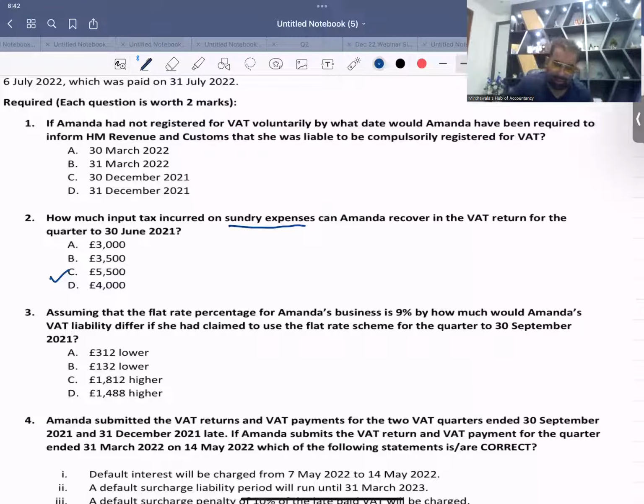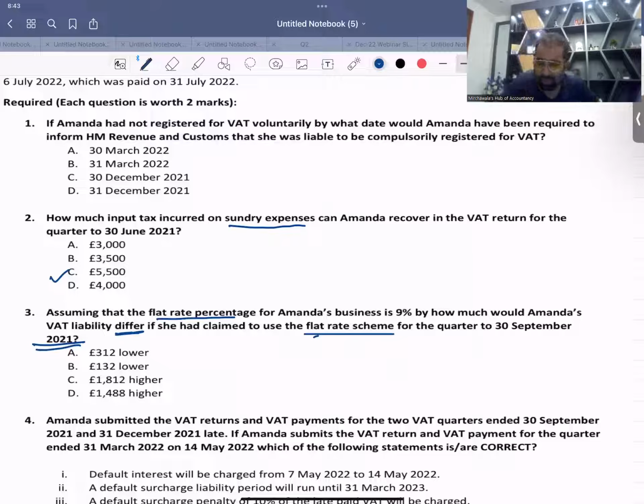Assuming that the flat rate percentage of Amanda's business is 9%, how much would Amanda's VAT liability differ if she had claimed the use of the flat rate scheme for the quarter to 30th September 2021?